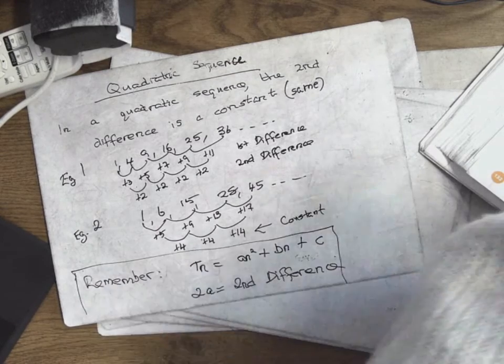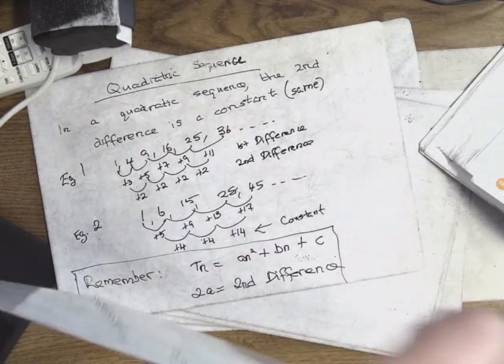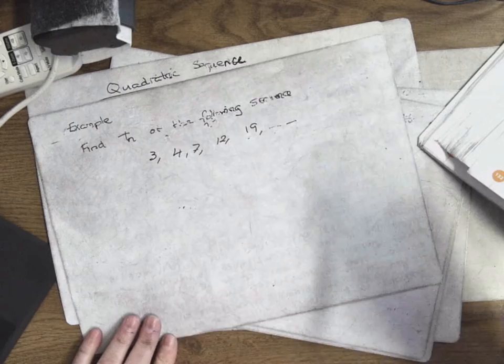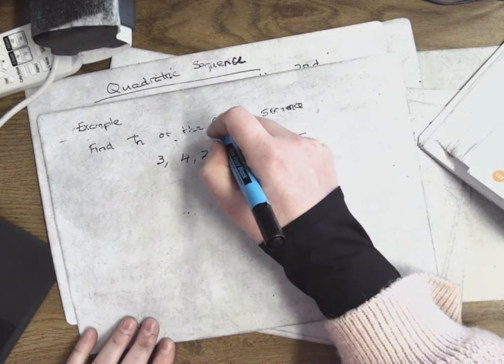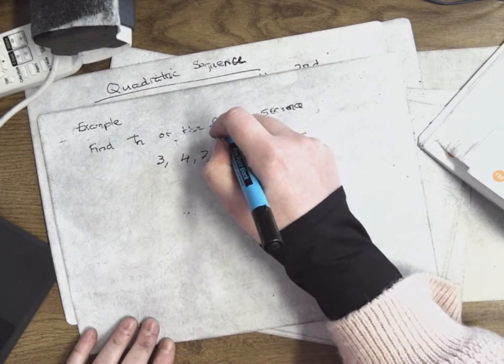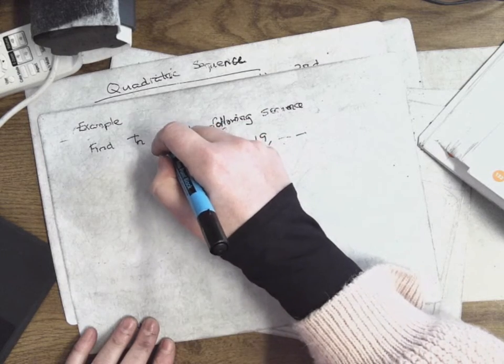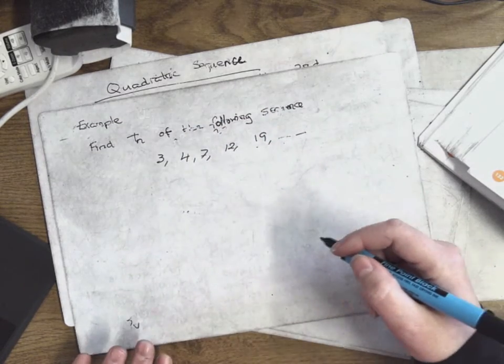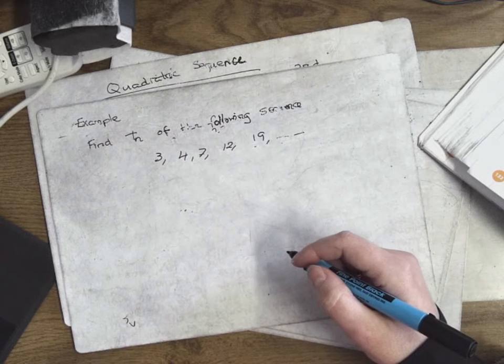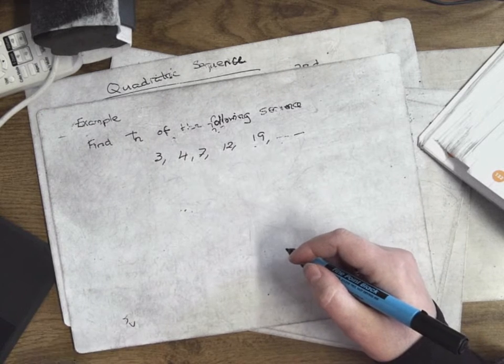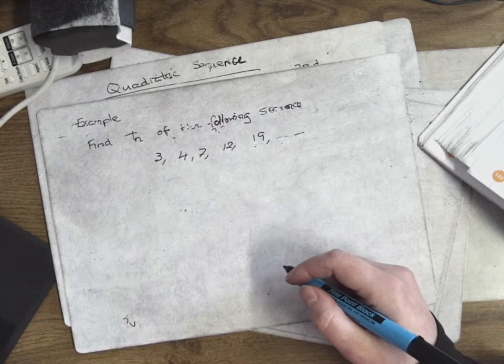So, example. Find Tn of the following sequence. Now, if it's an arithmetic sequence, you can use the formula in the log tables, a plus n minus 1 times d, but it's not going to be. But you need to check that out first.